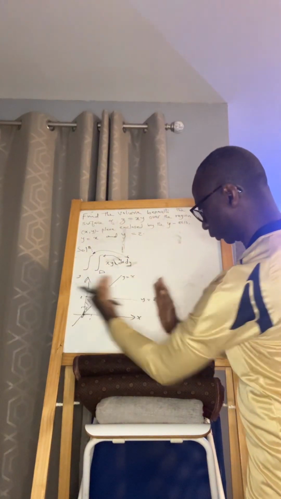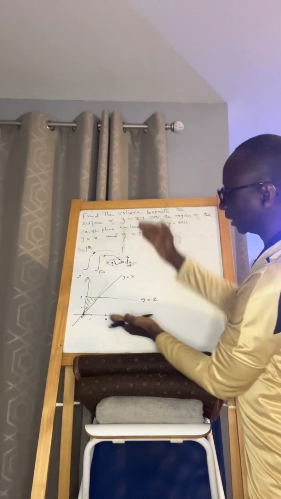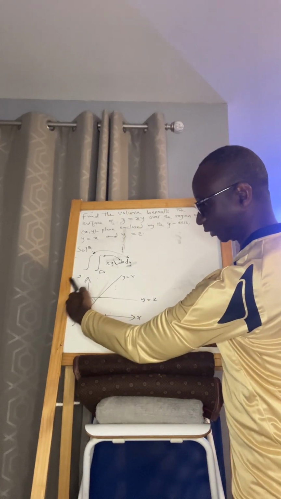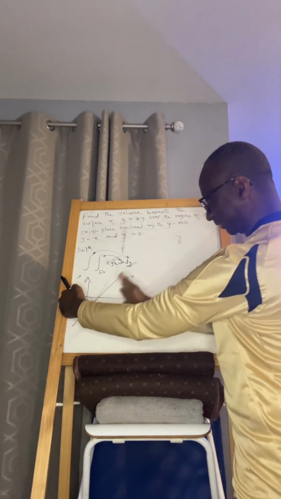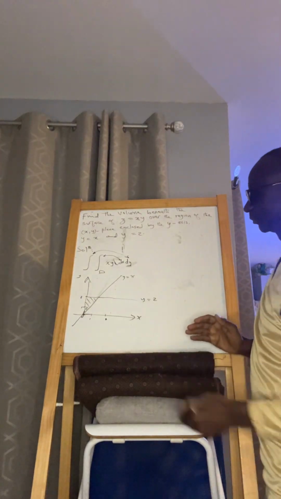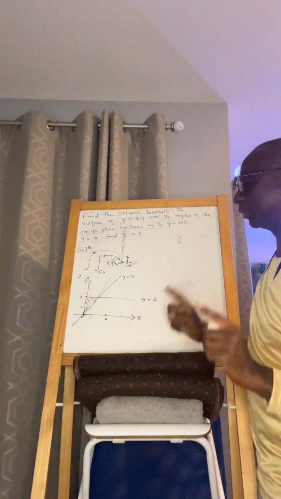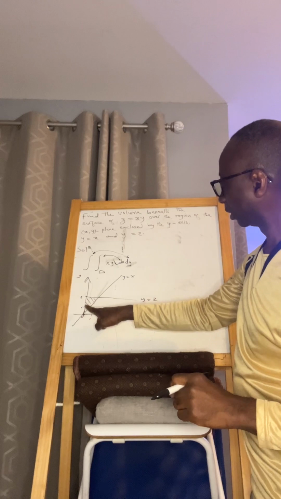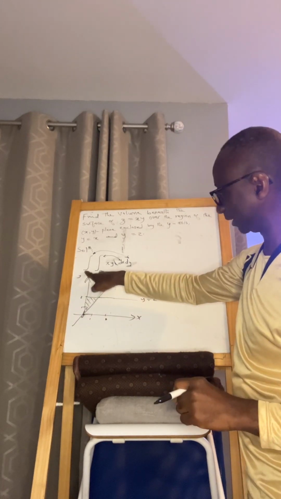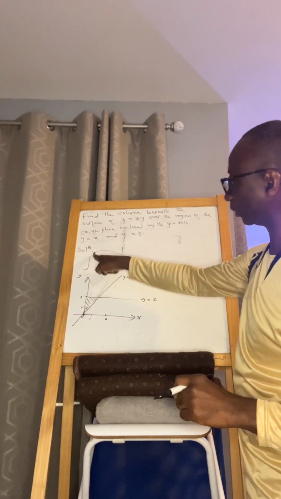So this is left to right, bottom to top. Your left is like your bottom. Right is like your top. So when you are looking for the limits now, what is on the left should be on the lower limit, and what is on the right should be on the upper limit.